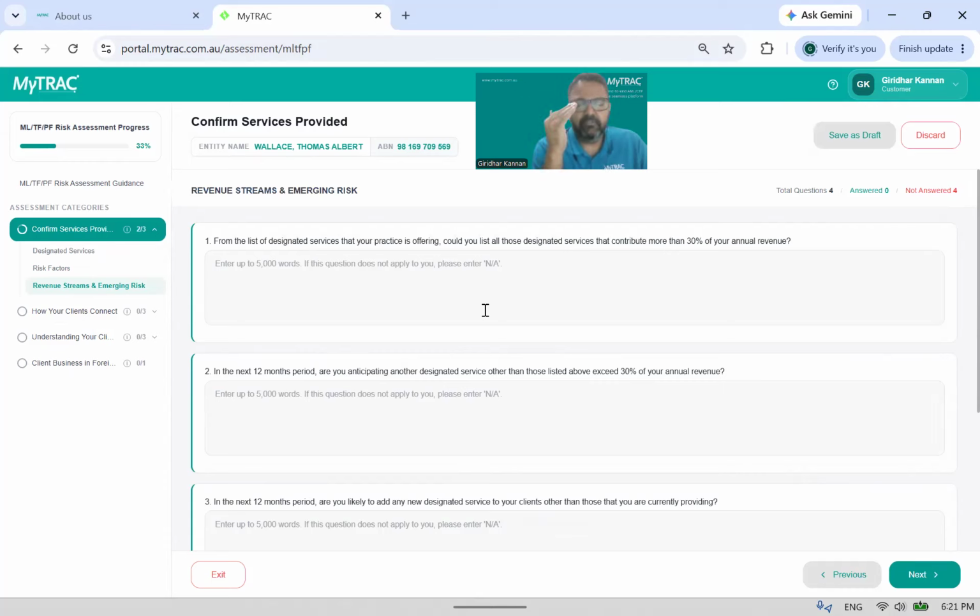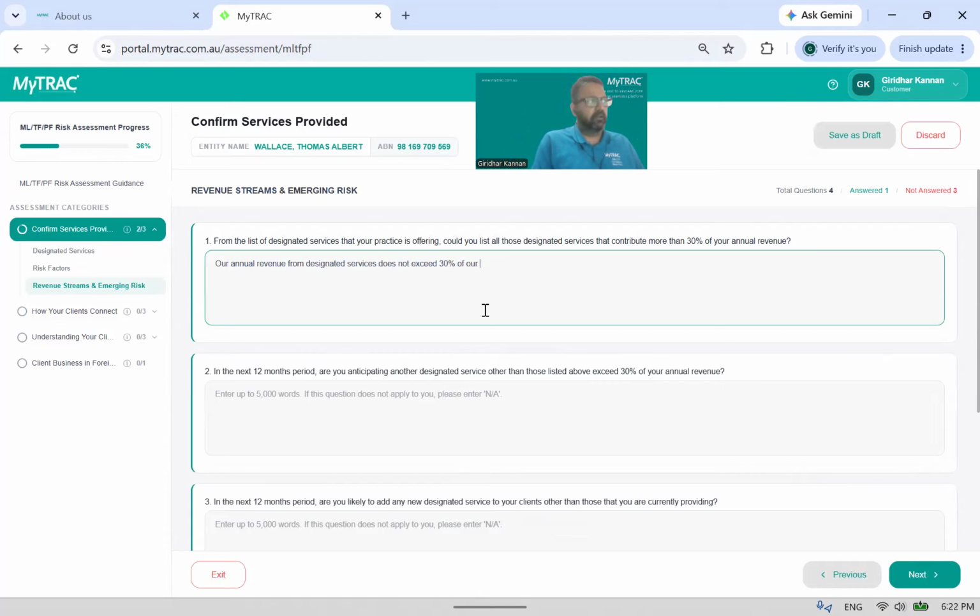The reason is simply that this is a threshold: if this is not my primary source, then my risk is relatively less from a money laundering perspective, because I do other services like advisory, tax filing or bookkeeping. So in that case, I would say our annual revenue from designated services does not exceed 30% of our total revenue.